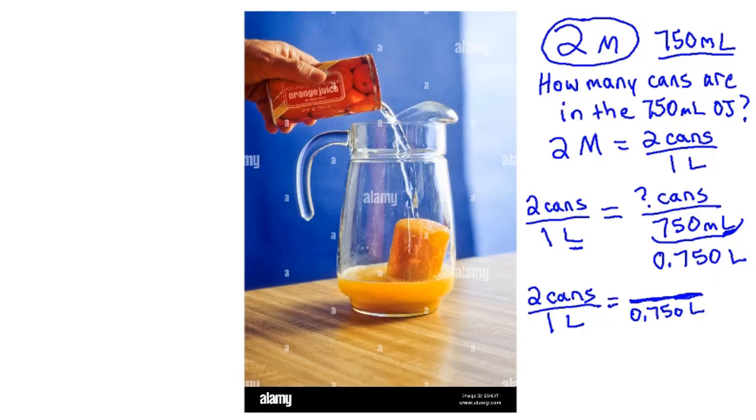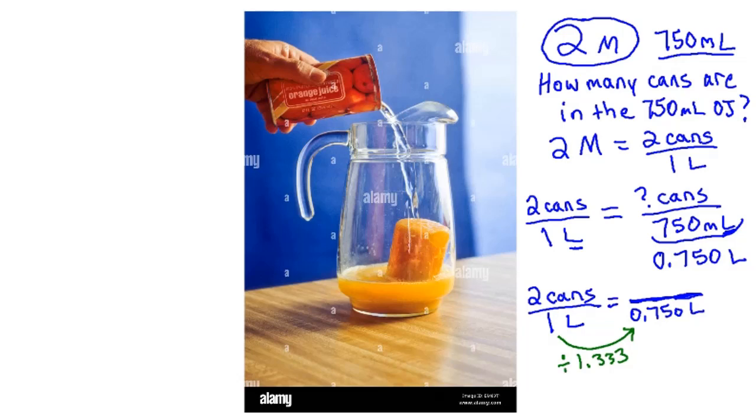So we're going to see how you turn this 1 liter into 0.750 liters. Well, you can divide the 1 liter by 0.750 liters, and that gives you 1.333 as your divisor.